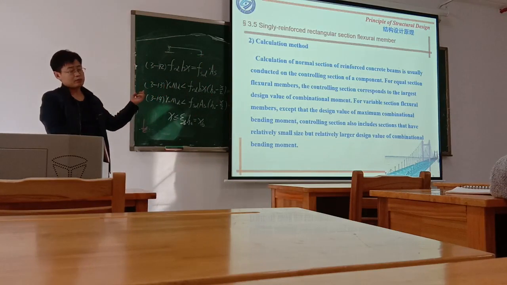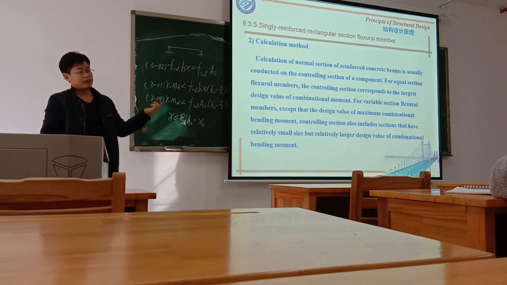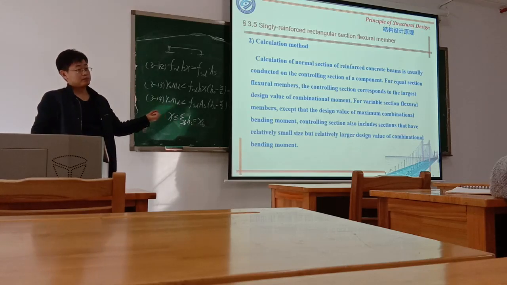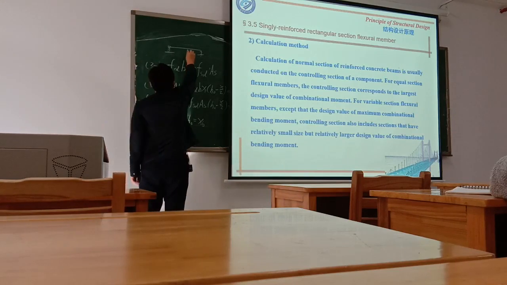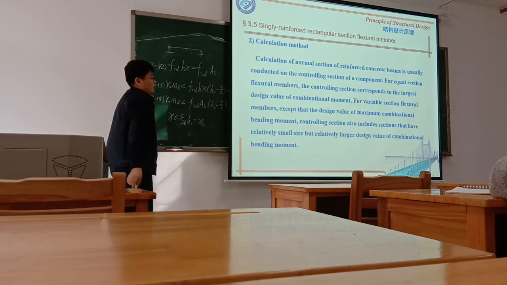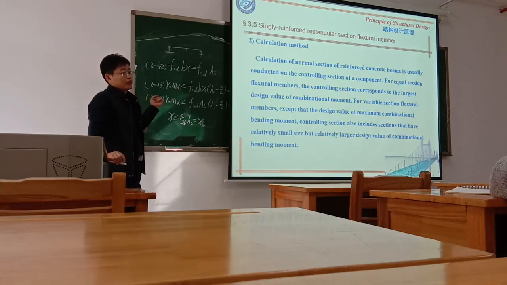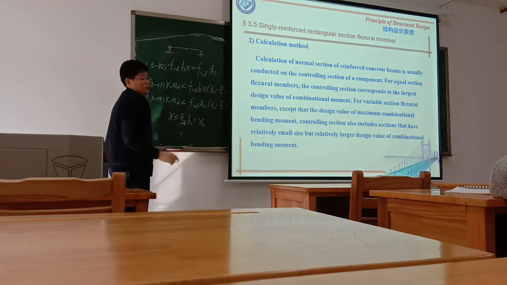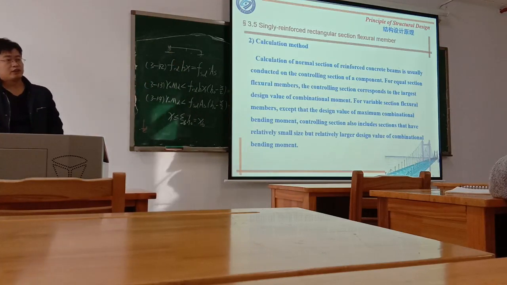Control section actually means the section where your internal force is the largest, the most important or most dangerous section. In the middle, of course, is the largest moment section. And for the shear force, it should be just near the supports. So this is the control section for the structure.